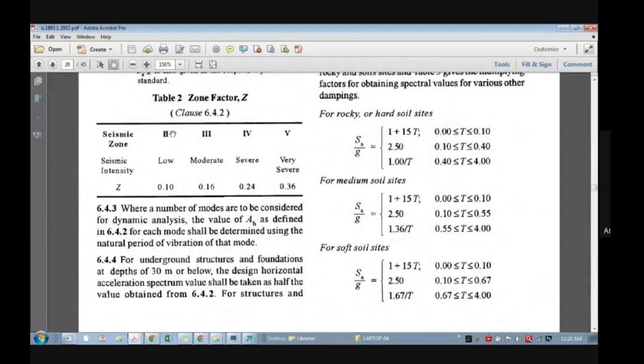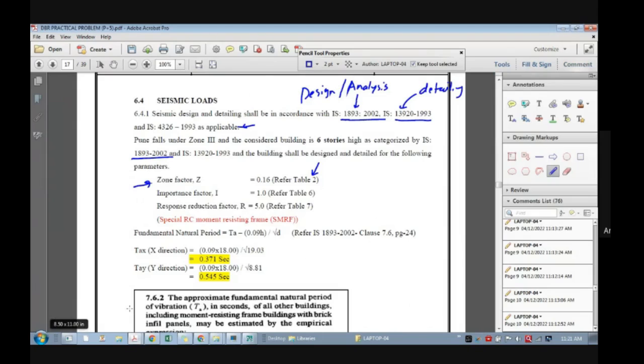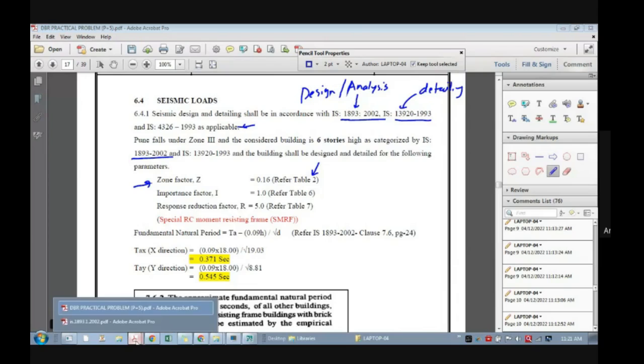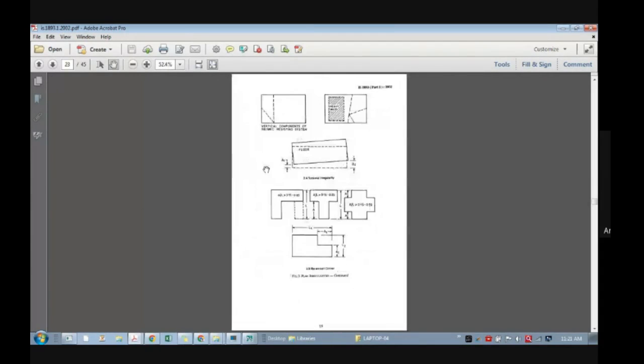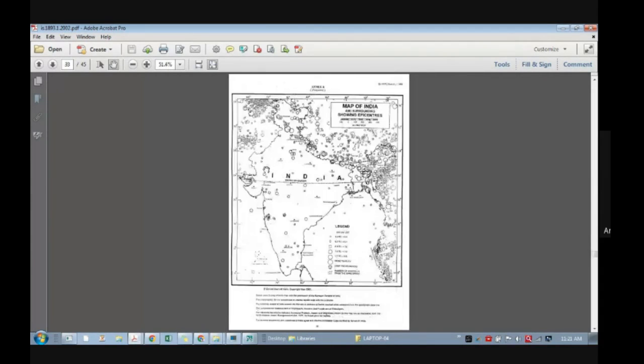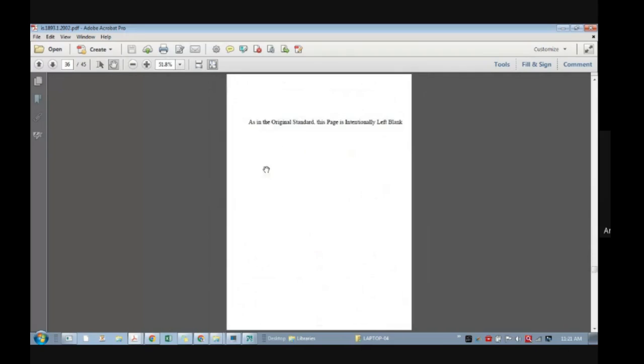Now our Pune region is in zone 3 or 2? What is written? Okay, 0.16 is the point. Zone 3. It is zone 3. Now you should mention where you are taking these values. For Pune, do you know that in 1893 the names of cities are given?